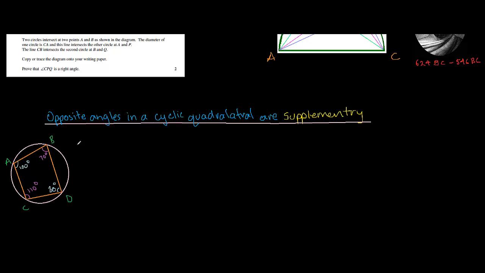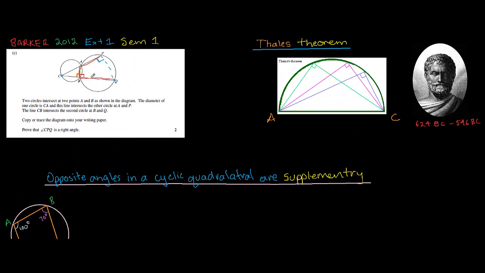And the fact that the opposite angles are supplementary means something like this A here is 100 degrees. If it was, then this would have to be 80, for example. Or if this was 110 degrees, then this would have to be 70, because opposite angles are supplementary, meaning they add up to 180. So now, using what we know here, we know this is 90, and therefore this has to be 90, because this is the opposite angle in a cyclic quadrilateral.